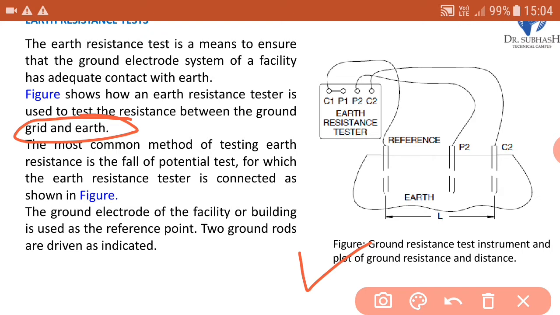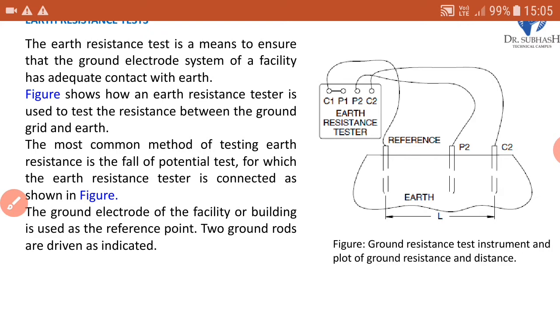The most common method of testing earth resistance is the fall-of-potential test, for which the resistance tester is connected as shown in the figure. Here we can see C1, P1, P2 and C2. So C1 and P1 are connected together, and this is taken as reference.